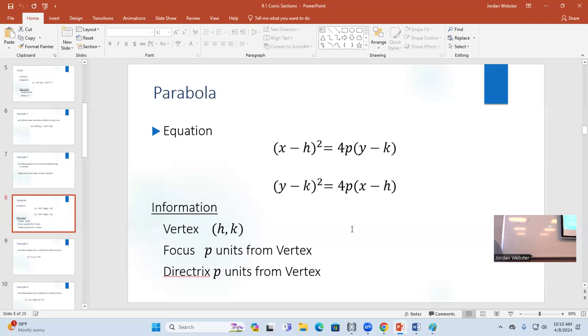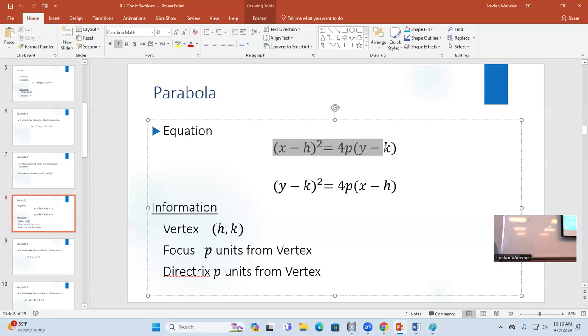Hopefully you can see that that means in this top one, the parabola is pointing up or down anytime we have this form. And it's pointing up when p is positive and pointing down when p is negative.